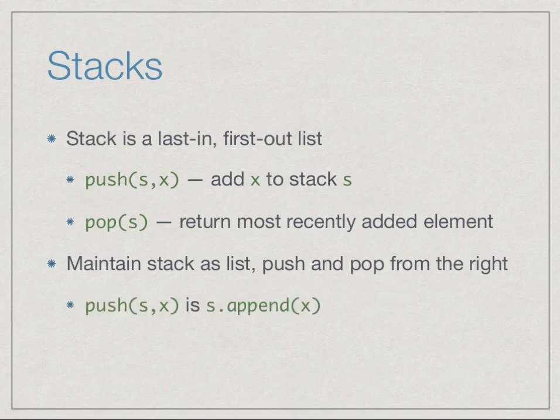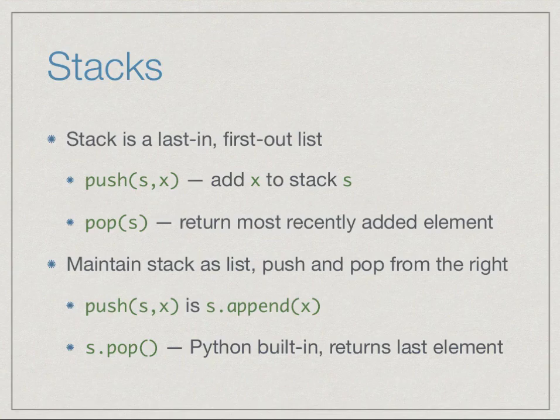So push s, x would just be append x to s. We can use the built-in append function that is available for lists to say s.append(x) when we want to push. And it turns out that Python's lists actually have a built-in function called pop, which removes the last element and returns it to us. So we just have to say s.pop(), where s is a list, and we get exactly the behavior that we expect of our stack.